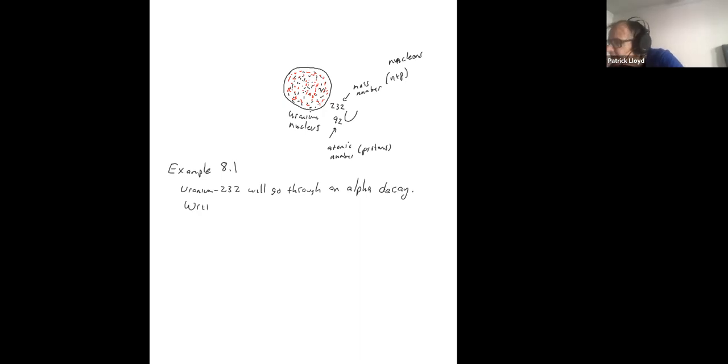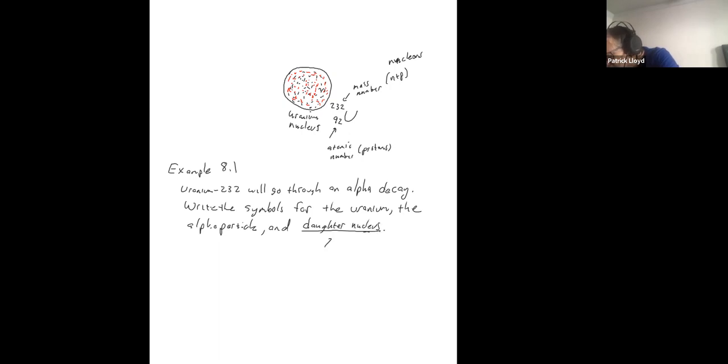Write the symbols for the uranium, the alpha particle, and what we're going to call the daughter nucleus.